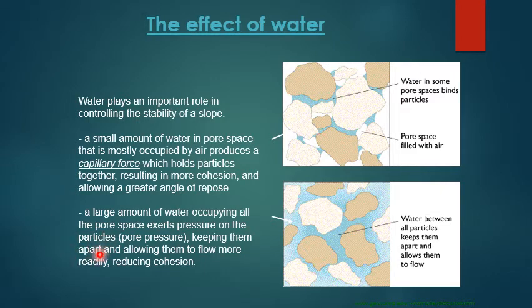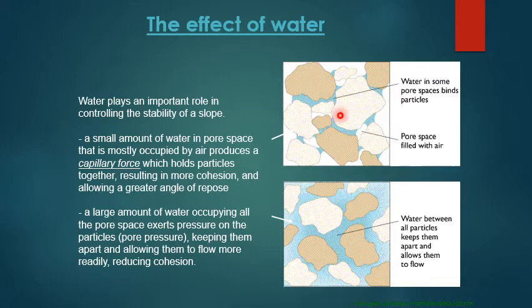The effect of water is illustrated in this diagram. Water has an important role in slope stability. Pore space is mostly occupied by air, but a small amount of water produces a capillary force which holds the particles together, resulting in more cohesion and allowing a high angle of repose.